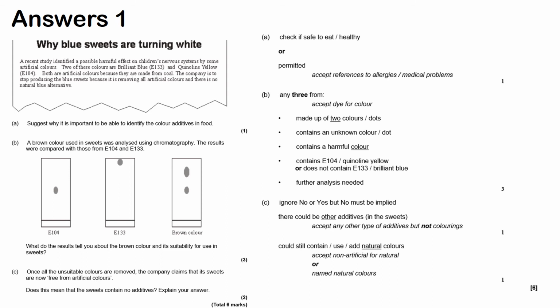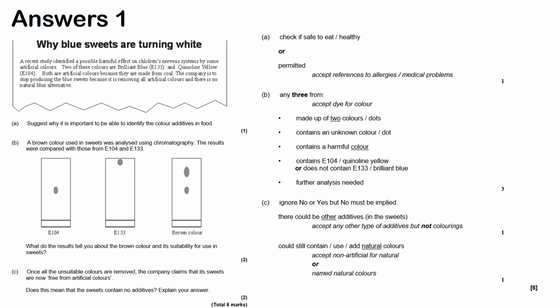Thirdly, you can say that it definitely contains a harmful colour, and we know that because the first dot, so the lower down one on the brown colour, matches identically to E104. So that means that the brown colour contains E104, and we've established that that is harmful.